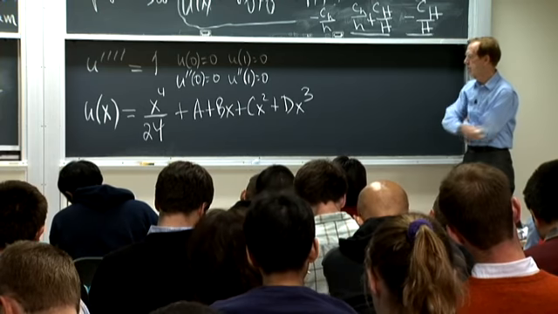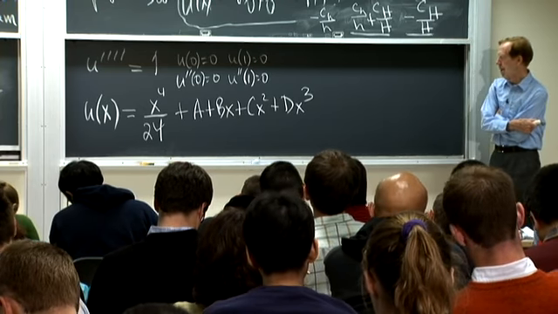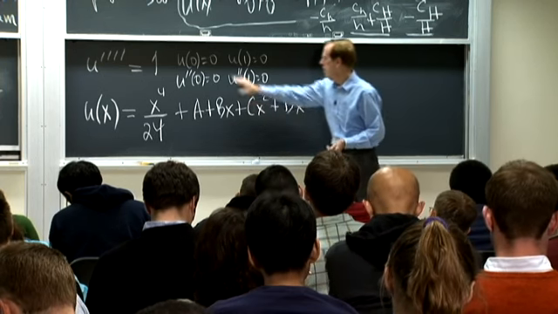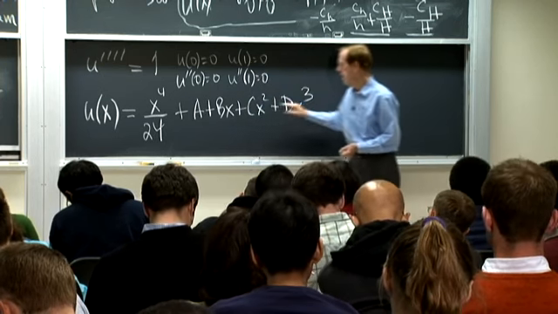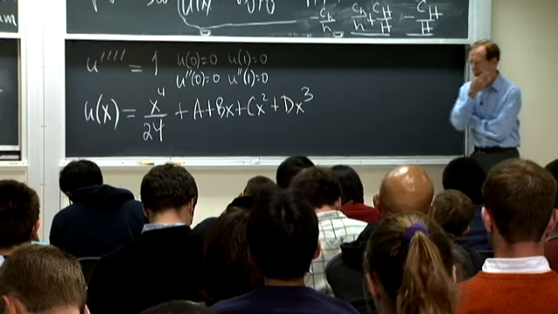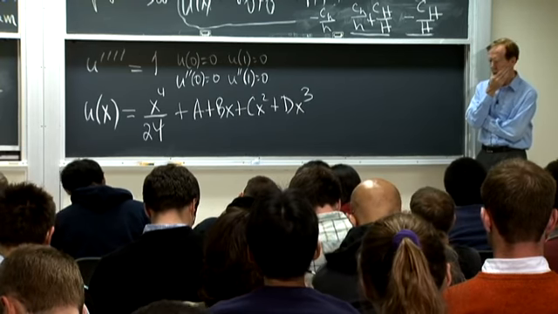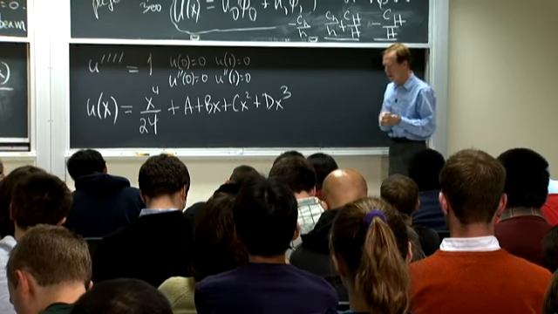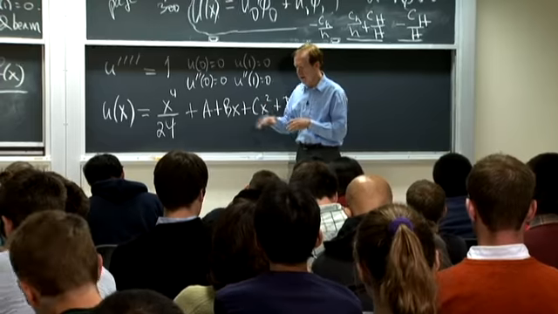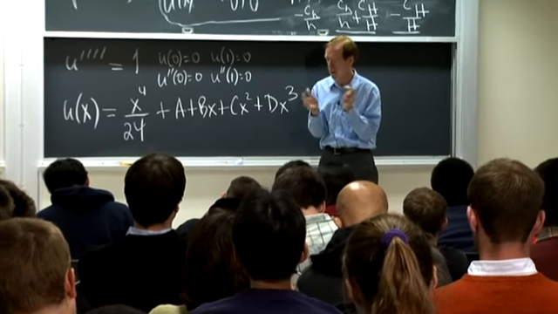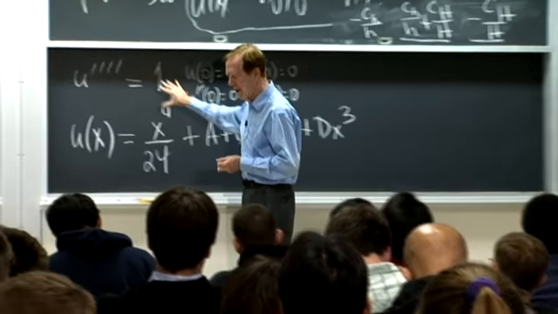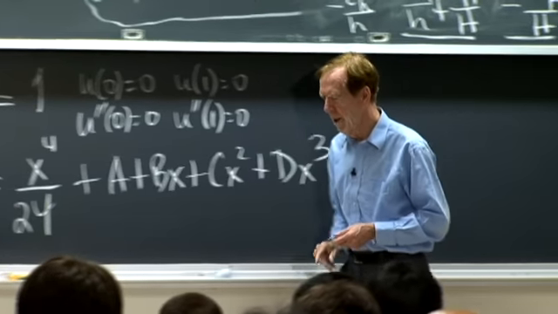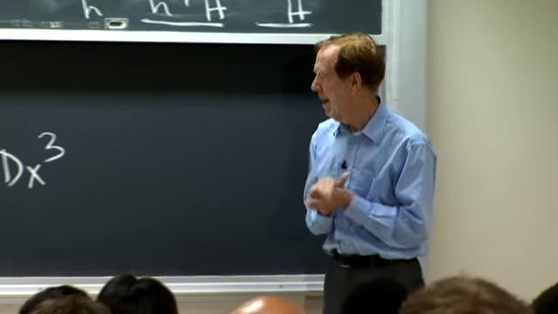So that's the general solution. Whatever the boundary conditions are, they determine A, B, C, D. We're not that far away from Monday's lecture on fitting cubics. Actually, we're really close to it. When we use finite elements, we're going to use exactly those cubics.